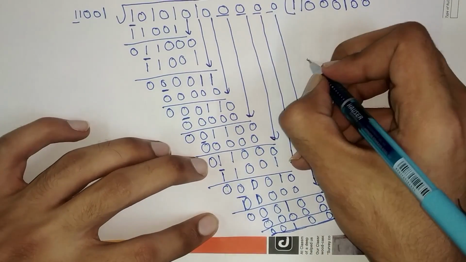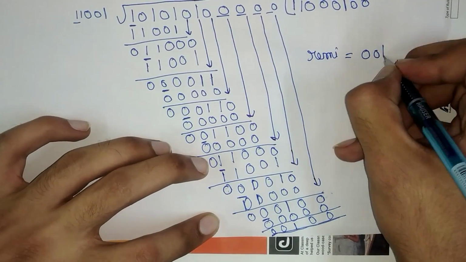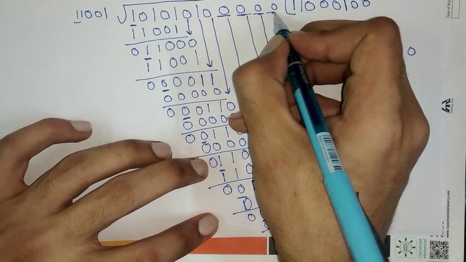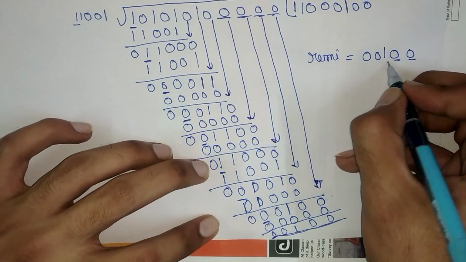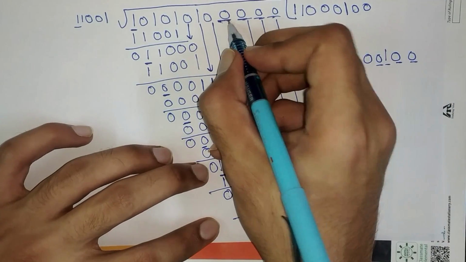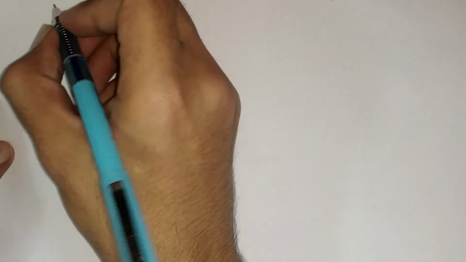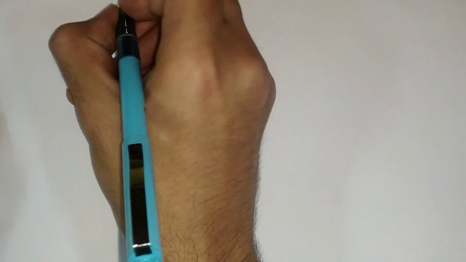Our remainder is 0 0 1 0 0. Now we have to take 4 redundant bits from this remainder. We will choose the last four, 0 1 0 0, and replace the redundant bits with these. So the data received by the receiver is of 14 bits.